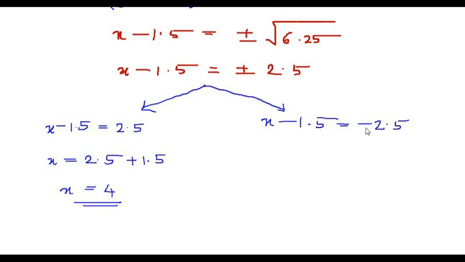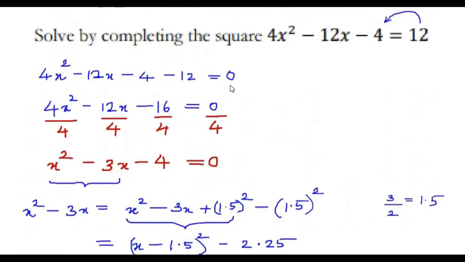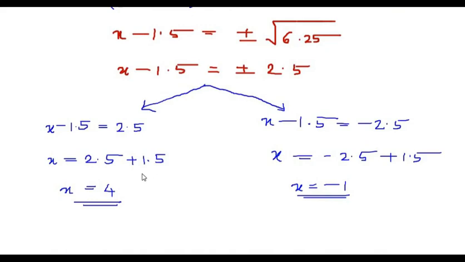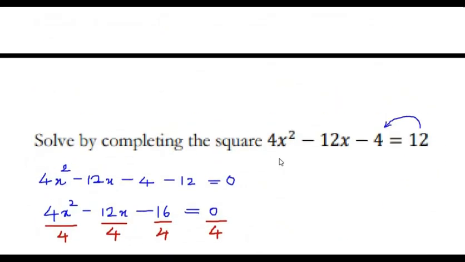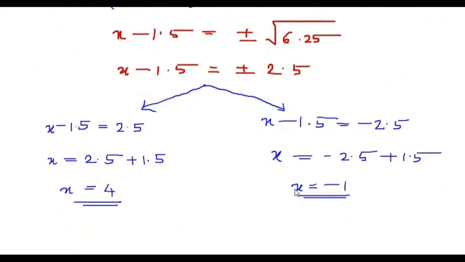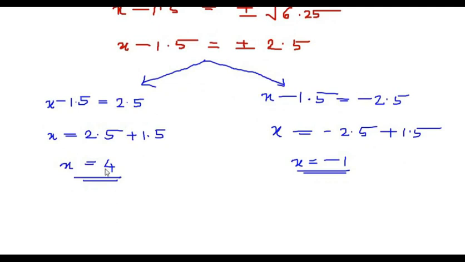Here we get x equals negative 2.5, and minus 1.5 shifts and becomes plus 1.5, giving us the answer negative 1. So in this example, we have solved the quadratic equation by completing the square and getting the values of x. Since we were told to solve by completing the square, we find the values of x: x equal to 4 and x equal to negative 1.